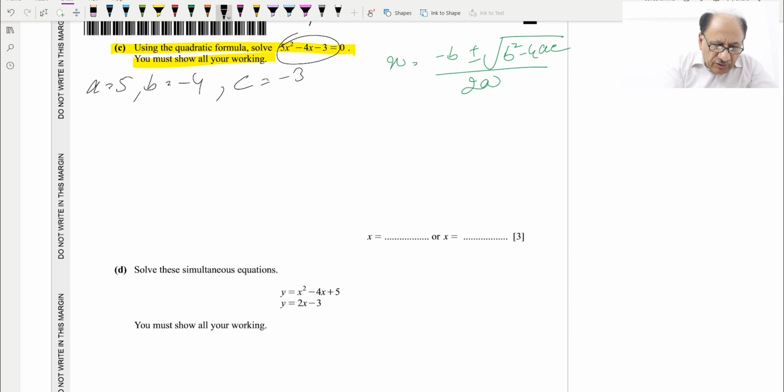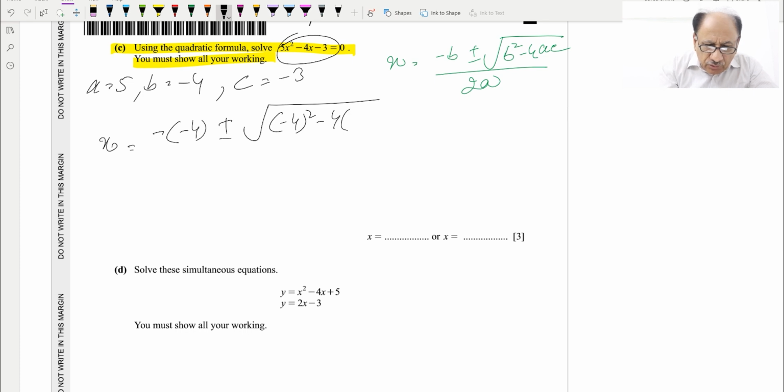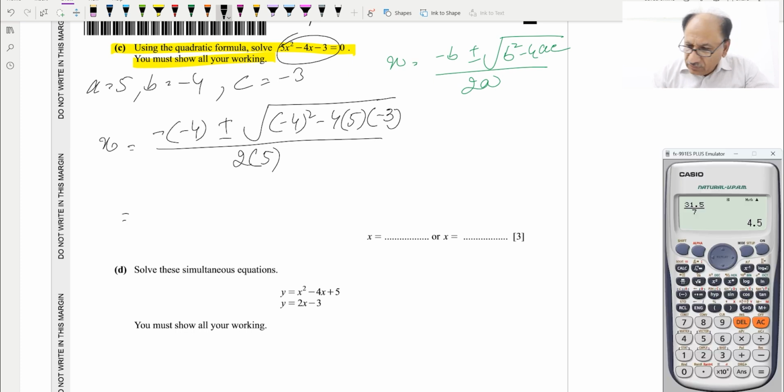Now we can replace the values, and always replace the values in brackets. So minus b, and plus minus square root of b square means minus 4 square, minus 4 into a value is 5 and c value is minus 3. And then we can divide this by 2a, which is this one. And now we can use the calculator to solve the equation.